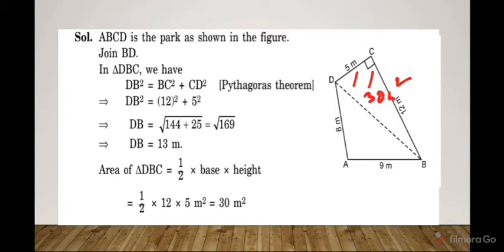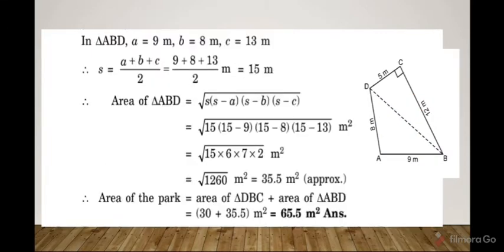Now you have to find the area of triangle ABD. As you can see here, AD is equal to 8 meter, AB is equal to 9 meter, and BD is equal to 13 meter. Just use Heron's formula.